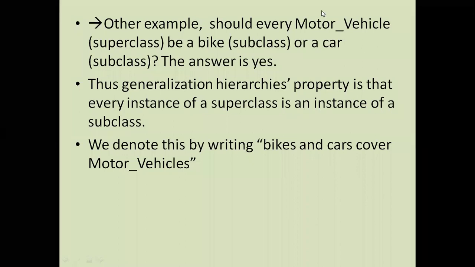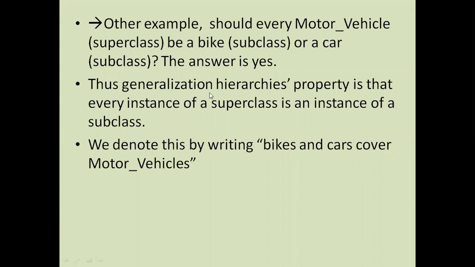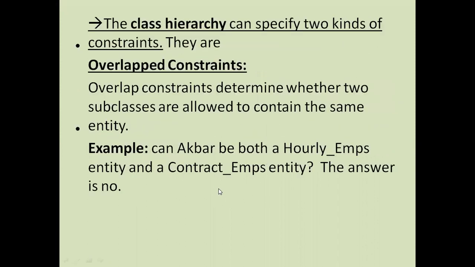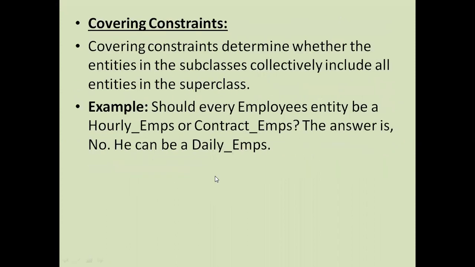That can be verified in the covering constraints. So the generalization hierarchy's property is that every instance of the superclass is an instance of a subclass. We denote this by writing bikes and cars cover the motor vehicles. So in the first case we are verifying the subclasses, and here we are verifying by combining the subclasses to the main class.